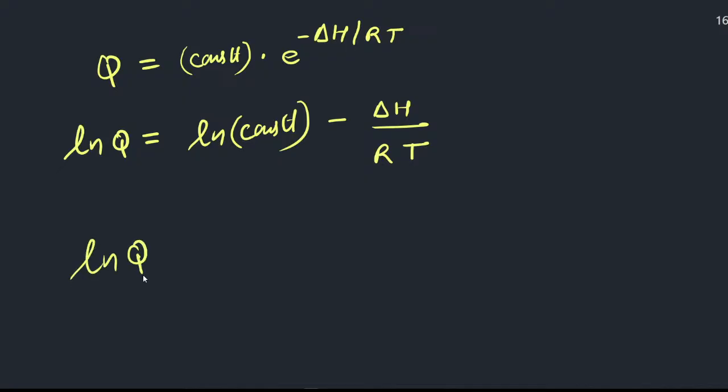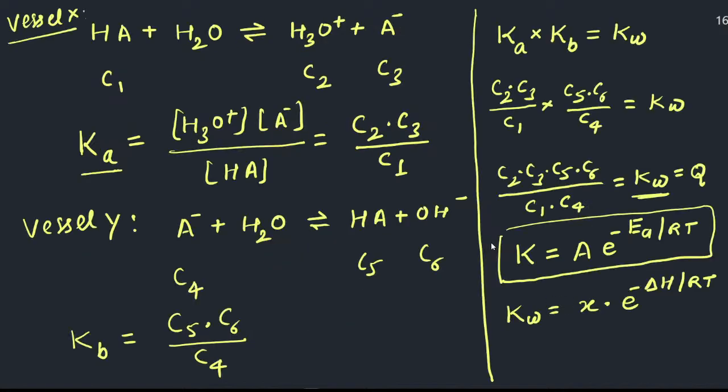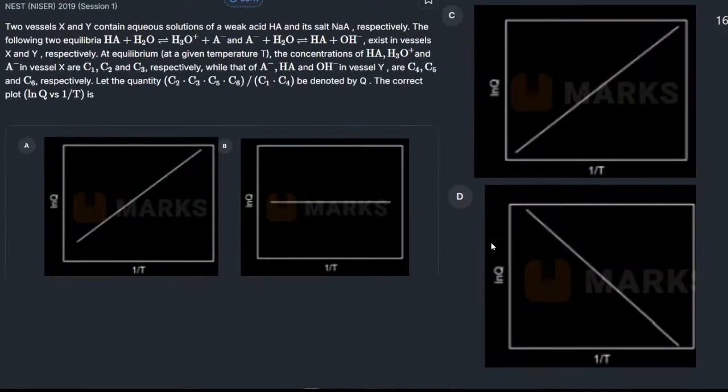So if we plot natural log of Q versus 1 upon T, the graph is like this. Slope is minus delta H by R. That means option D is correct: natural log of Q versus 1 upon T.